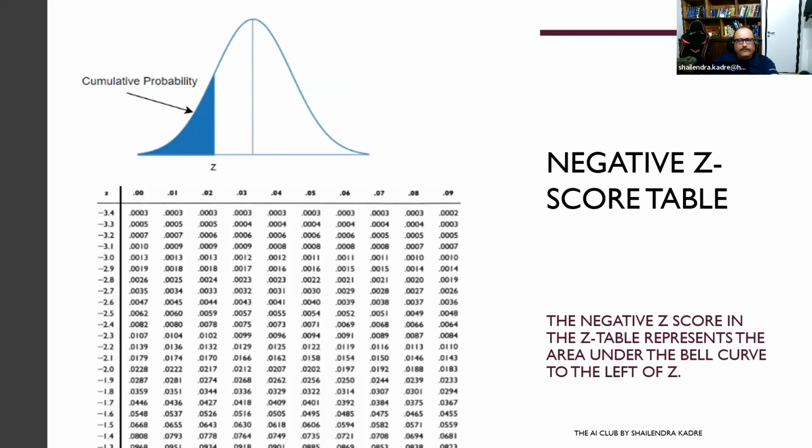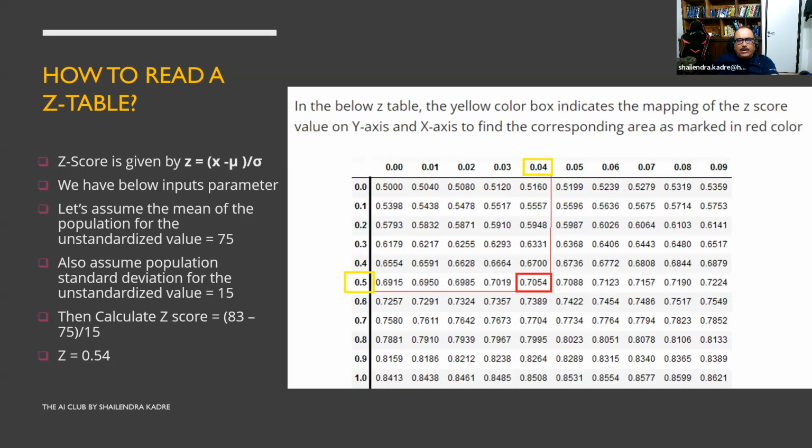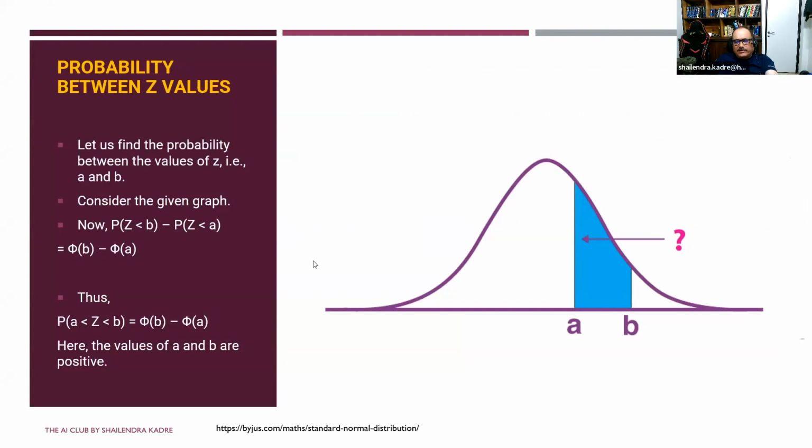Now tell me one thing. Next thing I want to ask you here. This is the question. You see this curve? Now I want the probability of more than or equal to A, but less than or equal to B. How will you calculate that?